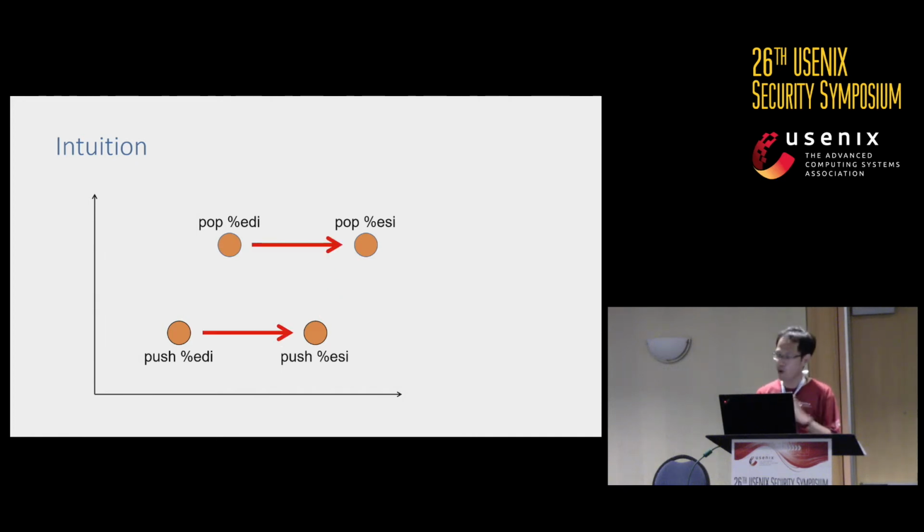Similarly, we can pose the question in yet another form. In this case, the pair would be pop EDI, pop ESI, and then push EDI, and find yet another instruction. It's not hard to see how the operand register of an instruction is also represented in a particular direction.